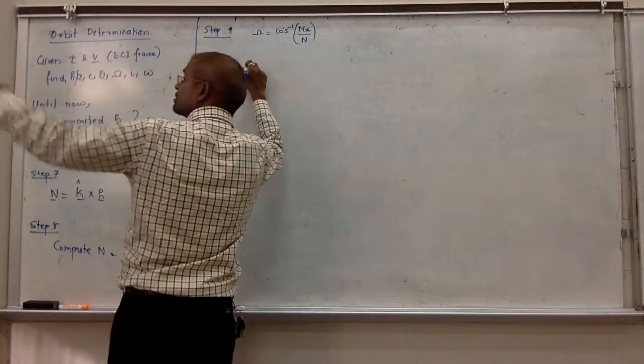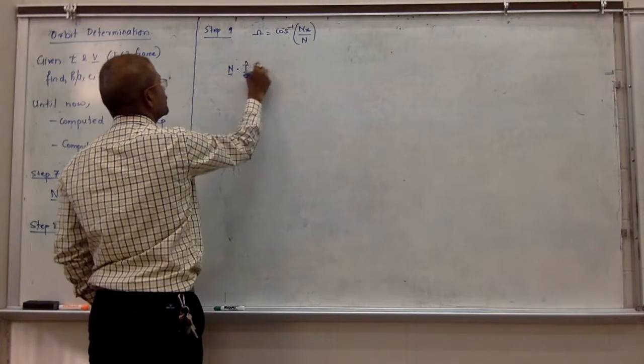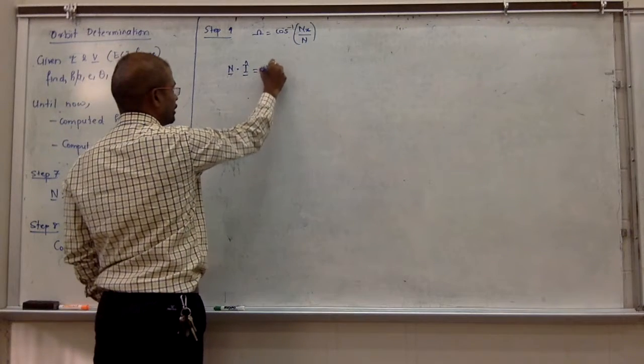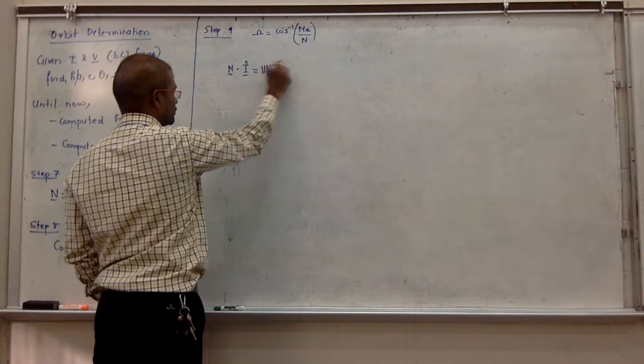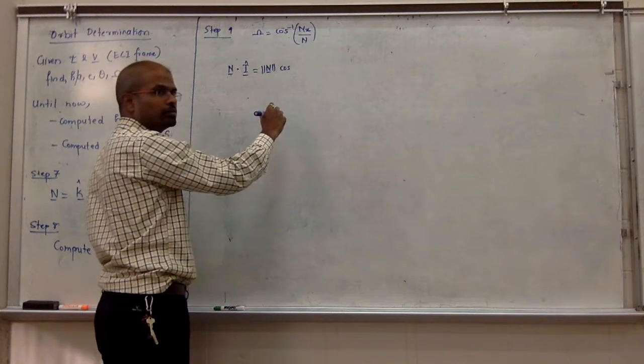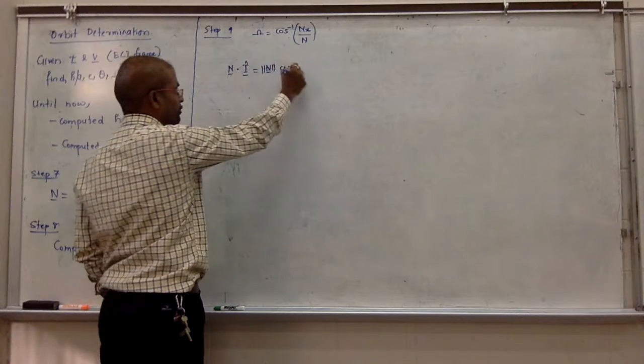Here it is x, but we can say I is 1, cosine capital Omega.